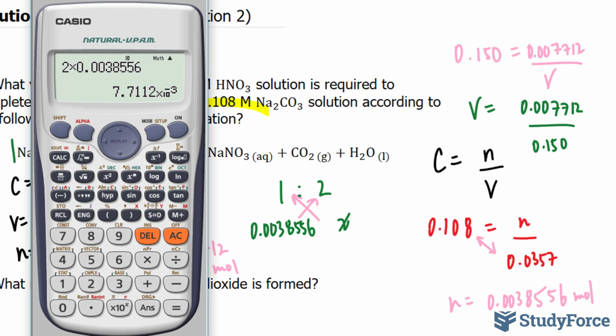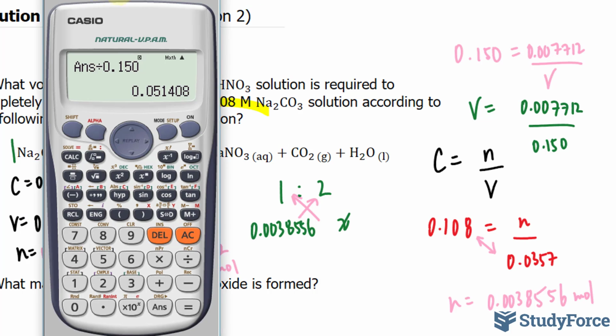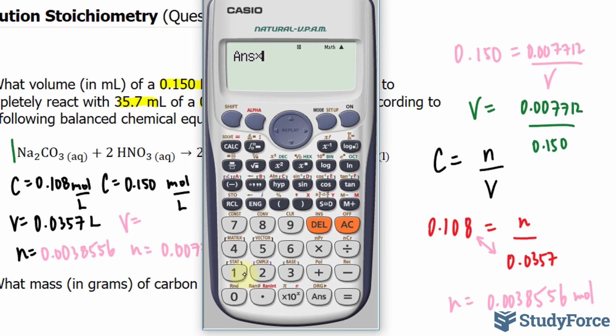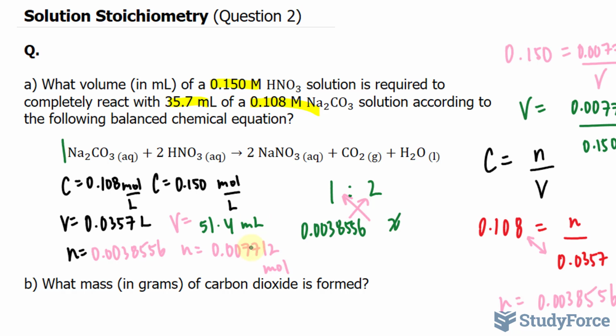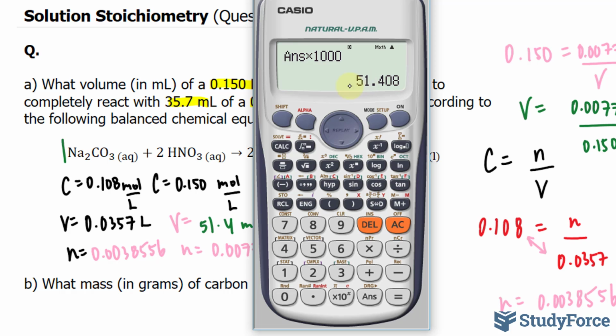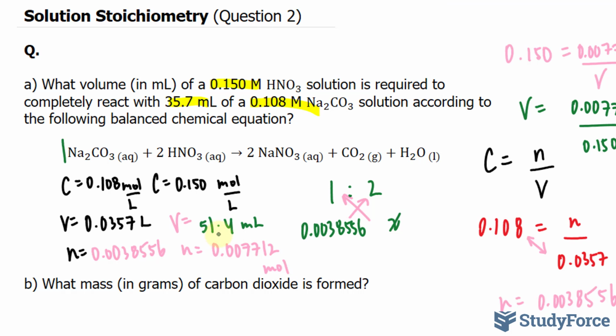Using my calculator, I already have the number on the screen. I'll just need to divide it by 0.150, and that gives me the volume in liters. But remember, we want the answer in milliliters, so I need to multiply this by 1,000, and I get 51.4 milliliters. Now, all of the numbers we started with had 3 significant figures. This number has 5, although as you can see, I've stopped writing after the 4.